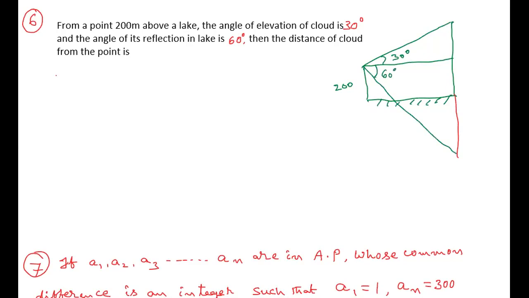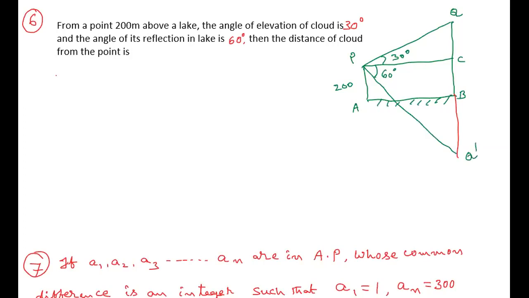The distance of the cloud from the point is, suppose this is a point P, this is a cloud Q. Now this is A, this is B, this is C, this is Q dash.